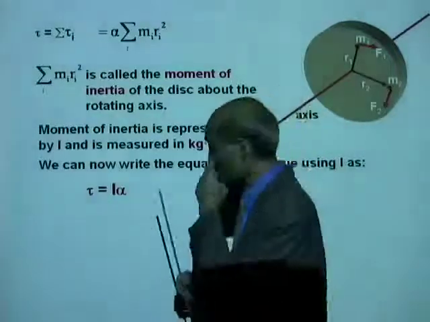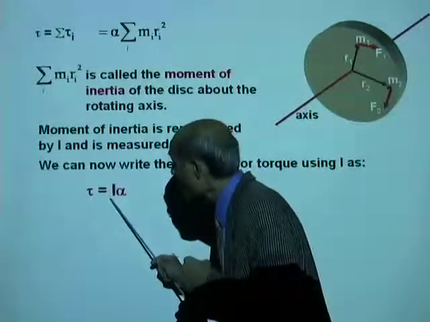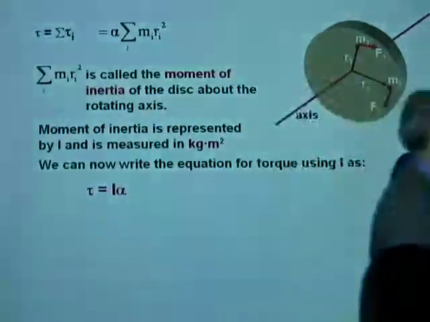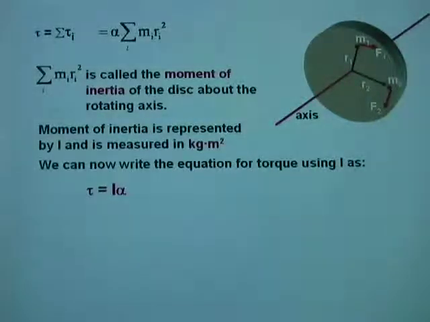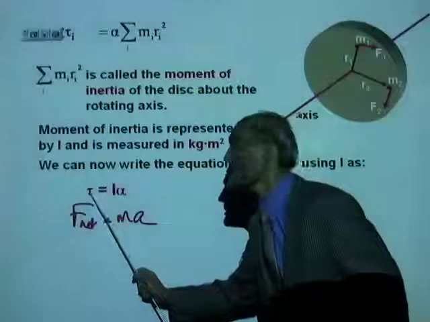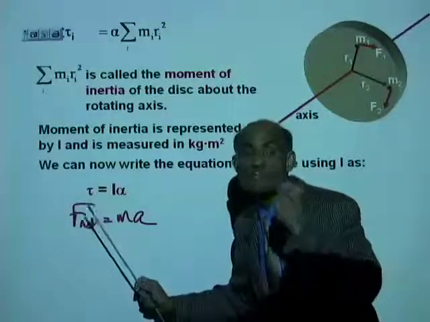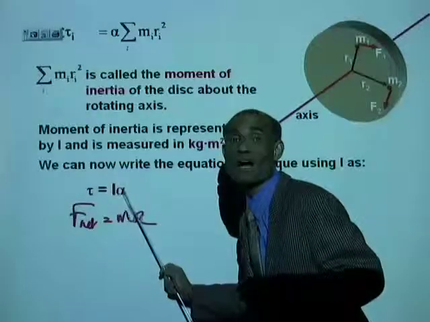Alright, in that case tell me, what is the role of this I, the moment of inertia? If you noticed, in linear motion our equation will be F net equal to ma. In rotational motion, that equation becomes tau net. The net torque is equal to I alpha.